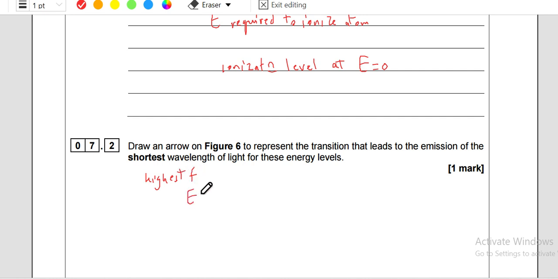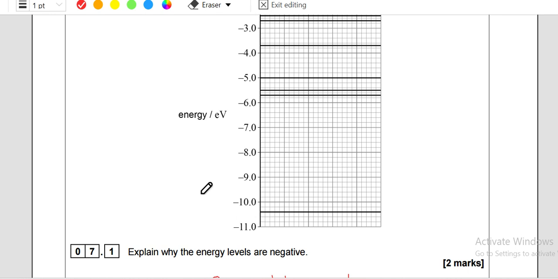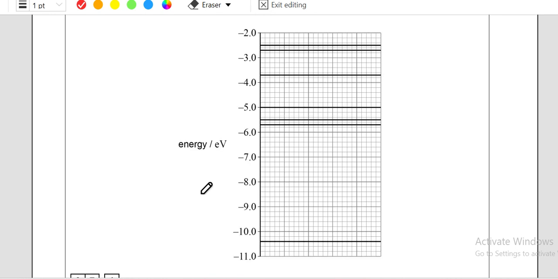Okay, so we need the transition that gives us the higher delta E, so it should be between the very high level and the ground one. So it should be from this level to here. Okay.